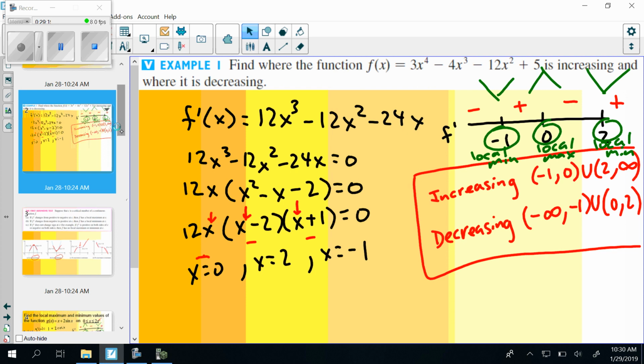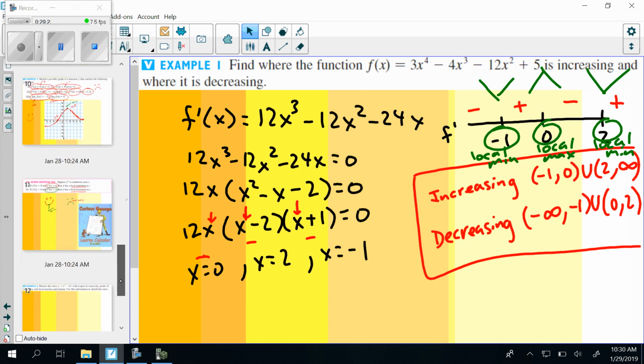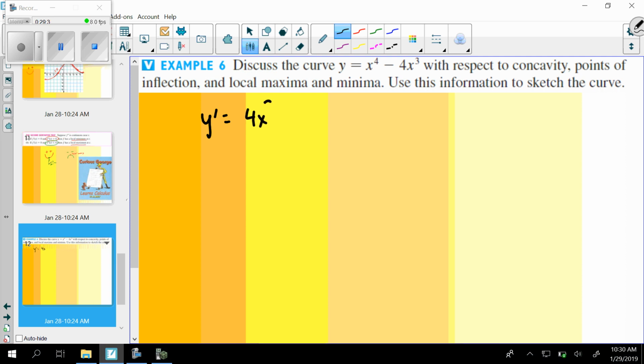Oh, maybe it was not. All right, well, let's go through that and look at this one. So we are going to find out all the stuff about this. First off, let's look at the first derivative, which would be 4x cubed minus 12x squared. Setting that equal to 0 will give us the critical points.